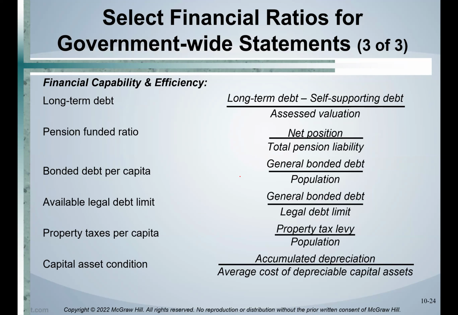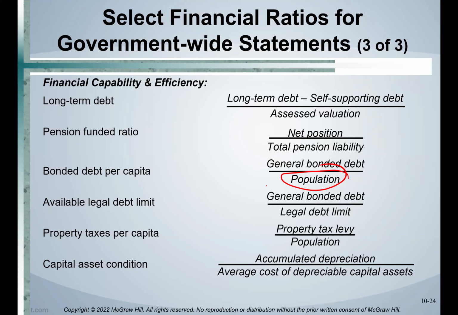And again, I don't want to read every single one of these. I think you can see some of these things. Some of these things, like population, would likely need to be pulled out of something perhaps other than the annual comprehensive financial report, although I don't know to what extent you might find some of the information for these measures in the statistical section.